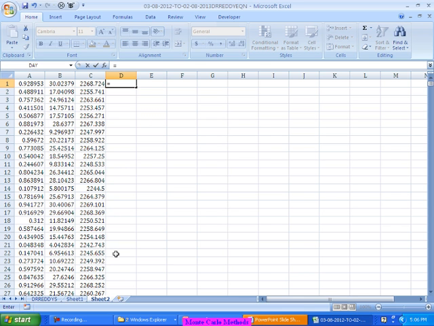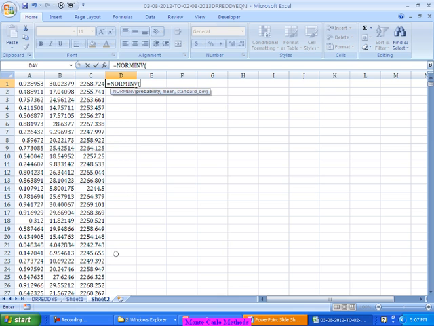I am taking the mean and the standard deviation which I got for this distribution, and I am mapping them to a normal distribution. I'll use, let's say, one formula called norm inverse, where it requires the probability, the mean and the standard deviation.